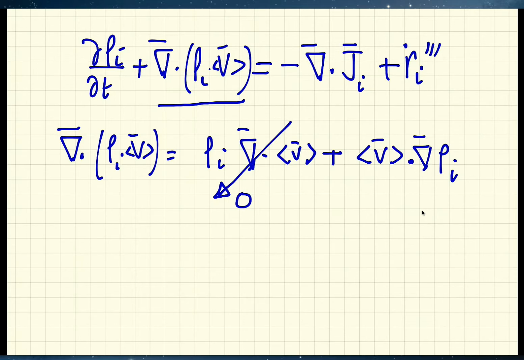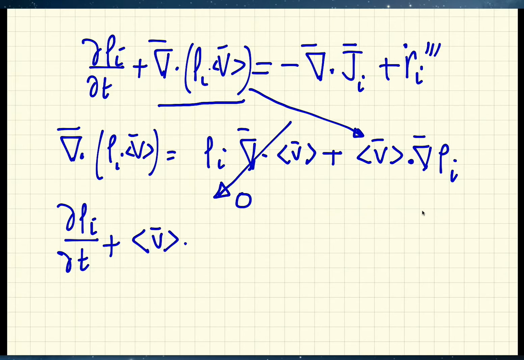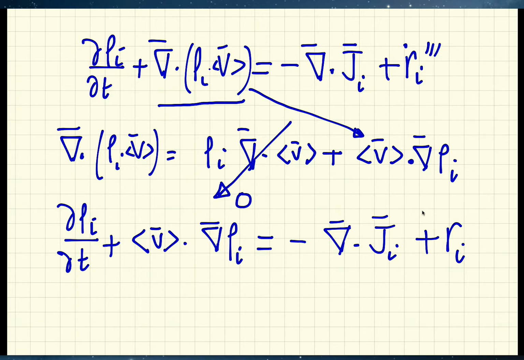Therefore, this term becomes only v dot grad rho I. So if I go back to this equation, I have d rho I by dt, and then substitute v average dot gradient of rho I equals minus the divergence of ji plus the production rate from the chemical reactions.